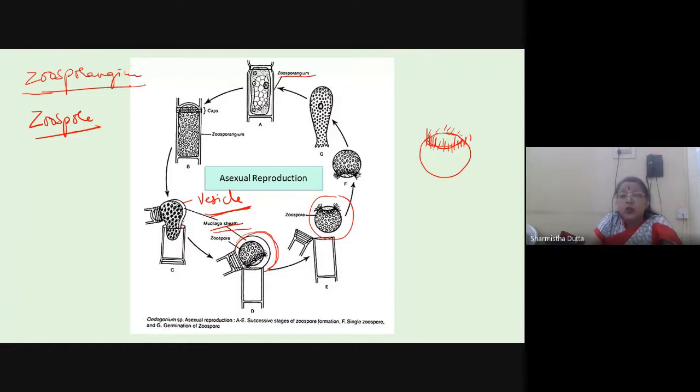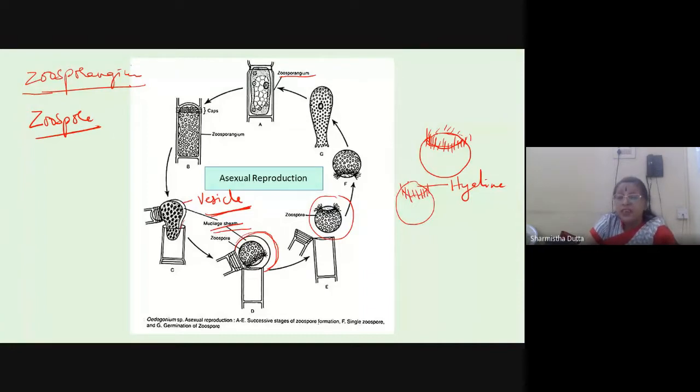This zoospore is more or less spherical or might be slightly pear-shaped with an apical hyaline region, and surrounding this hyaline region there are numerous cilia.